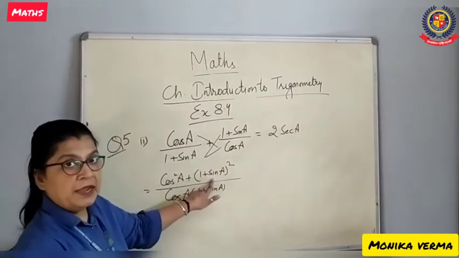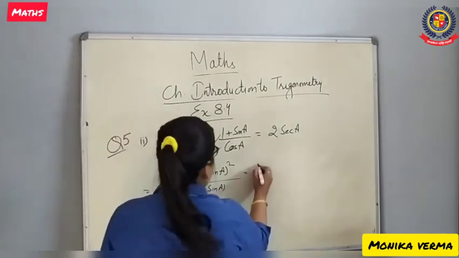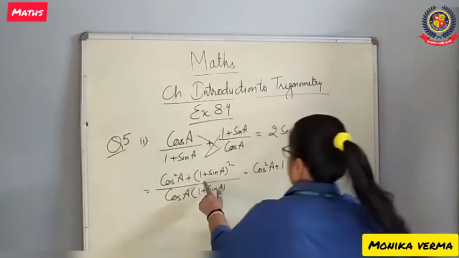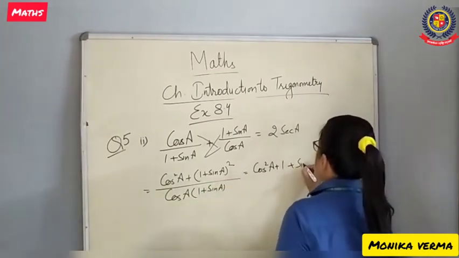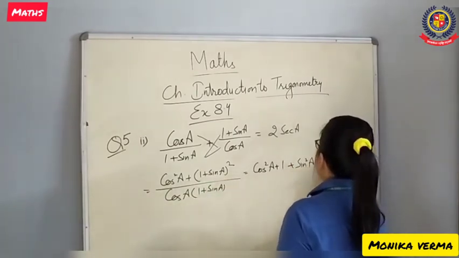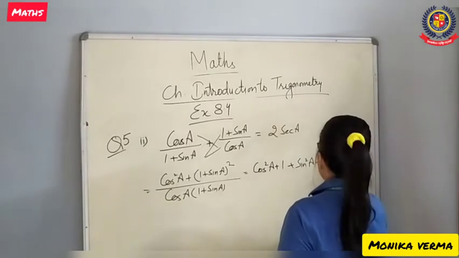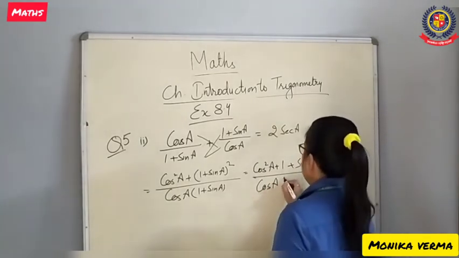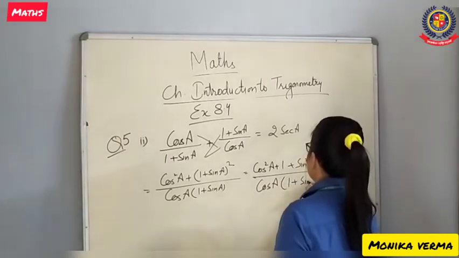We will open this by identity. Cos square A, then a square plus b square plus 2ab, upon cos A (1 plus sin A).